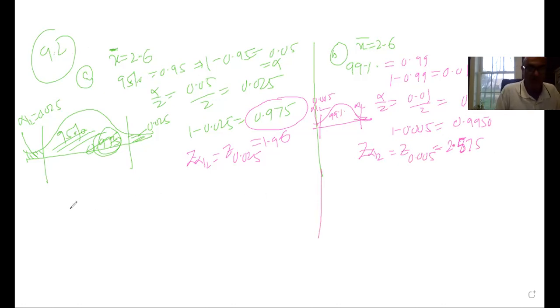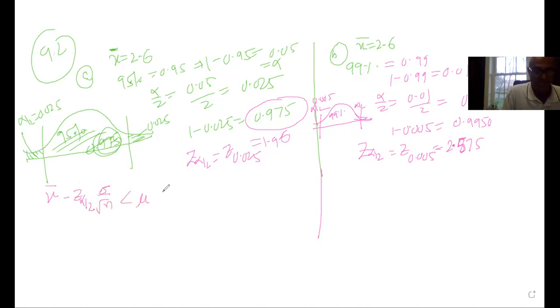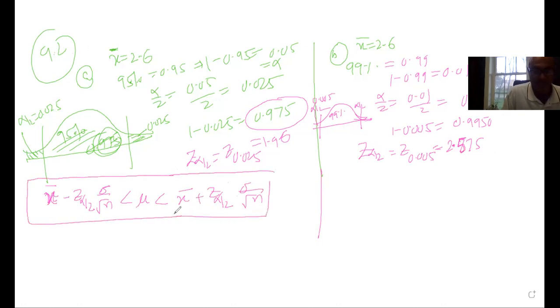The formula was x bar minus z alpha by 2 sigma over square root of n is less than mu, and that is less than x bar plus z alpha by 2 sigma over square root of n, when we are working with a simple one estimate, one sample, and sigma known. We proved this formula in the previous slide.